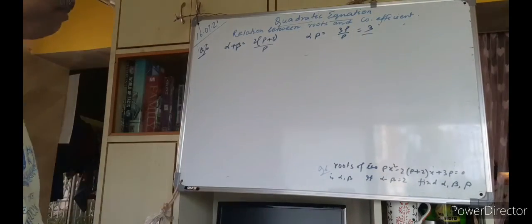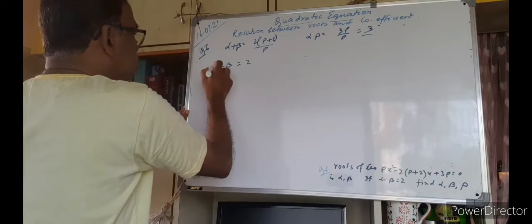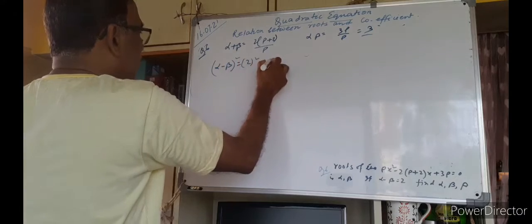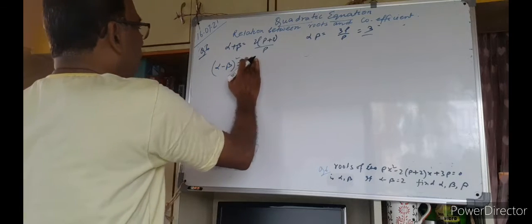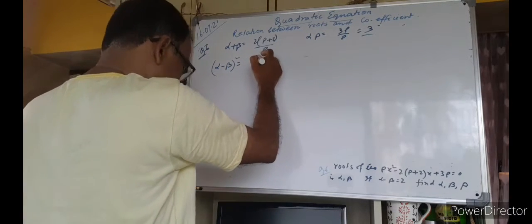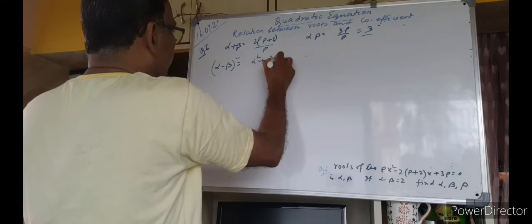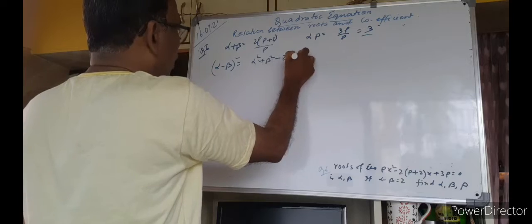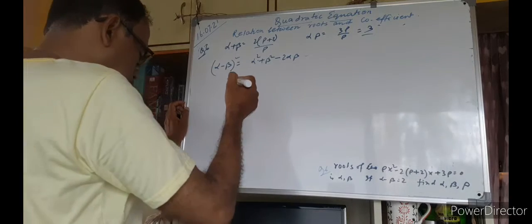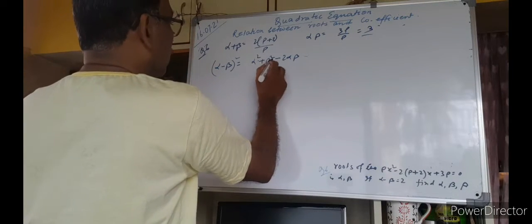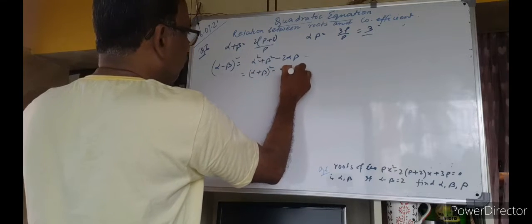Now alpha minus beta is 2, given. Squaring both sides, alpha minus beta whole square equals alpha square plus beta square minus 2 alpha beta, that is alpha plus beta whole square minus 4 alpha beta.